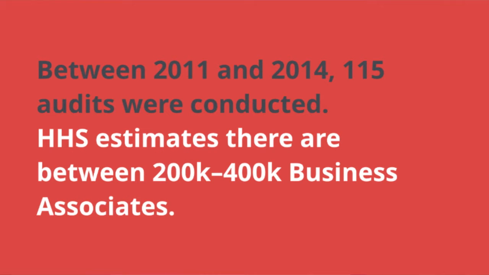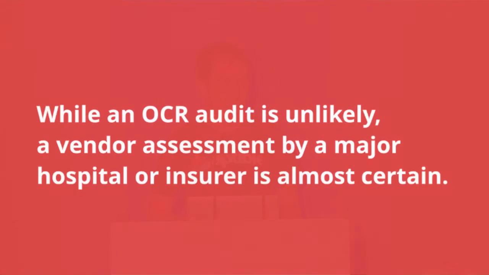But by HHS's estimate, there's somewhere between 200,000 and 400,000 business associates. So the likelihood of getting audited as a software company that's regulated is extremely low. However, if you're doing business with a hospital or a health insurance company, it's almost certain that they're going to conduct a vendor assessment, which is based on HIPAA and very similar.